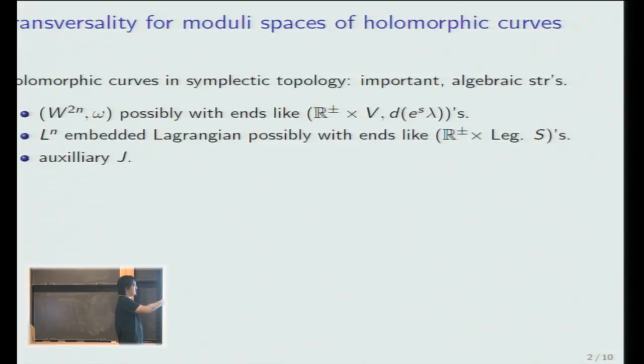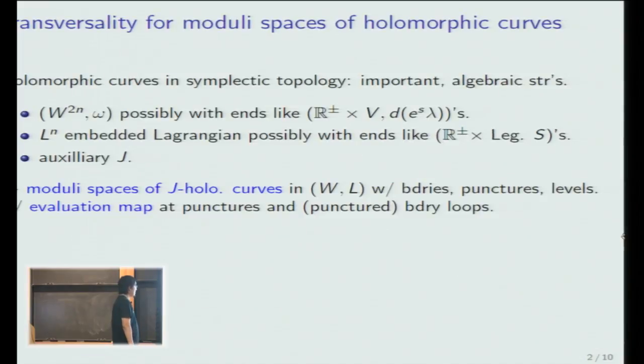For the Lagrangian, the cross-section is a Lagrangian on which the contact form vanishes. You pick an auxiliary almost complex structure, and then you get a moduli space of J-holomorphic curves.